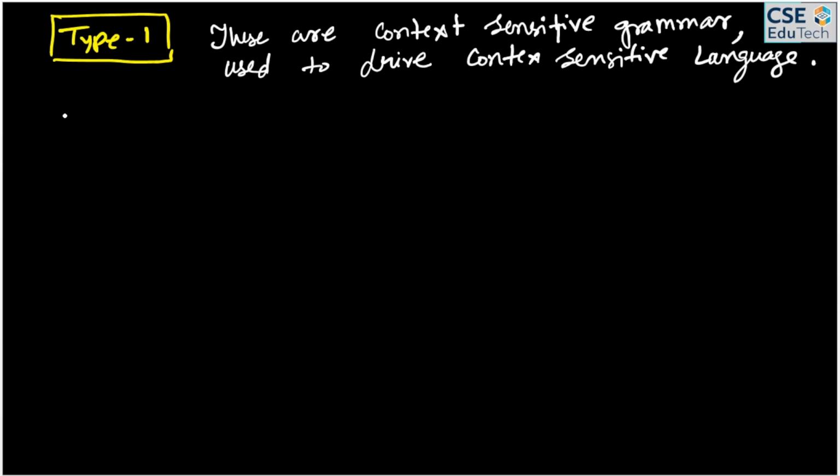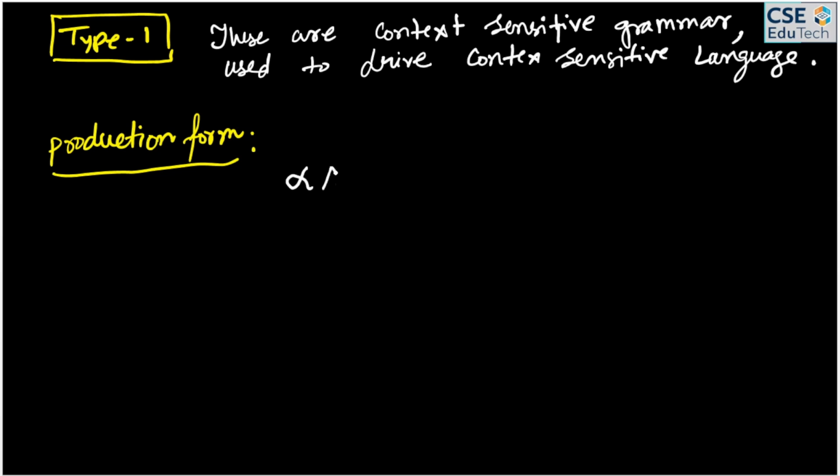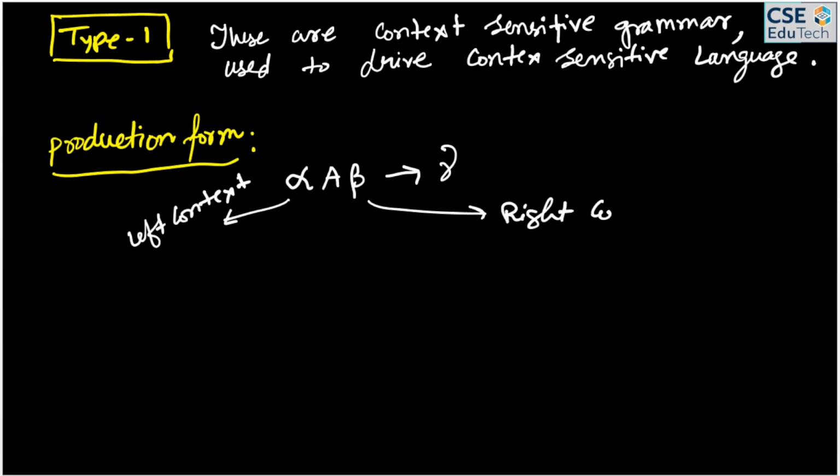And the production form will be of the form alpha A beta to gamma, where alpha is called the left context and beta is called the right context, and A is a variable or non-terminal.